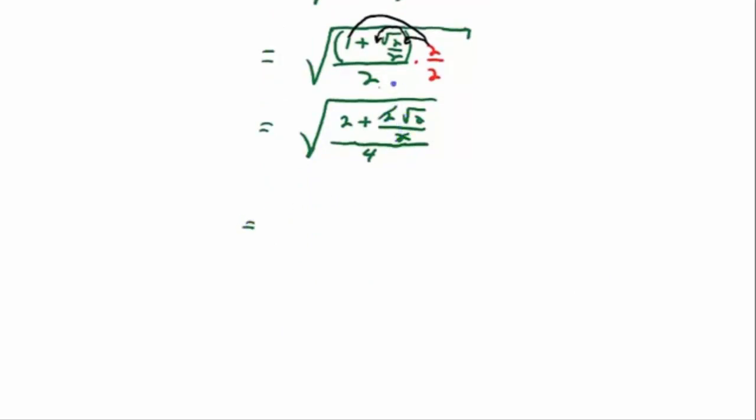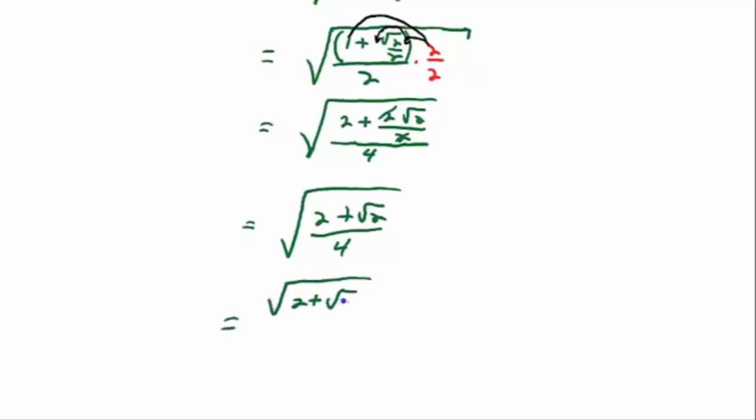That was the whole reason for distributing this 2 up here. And you get the square root of 2 plus radical 2 all over 4. And the radical splits up over division, so you could write it as the square root of 2 plus radical 2 all over the square root of 4, which is 2. So there you go.